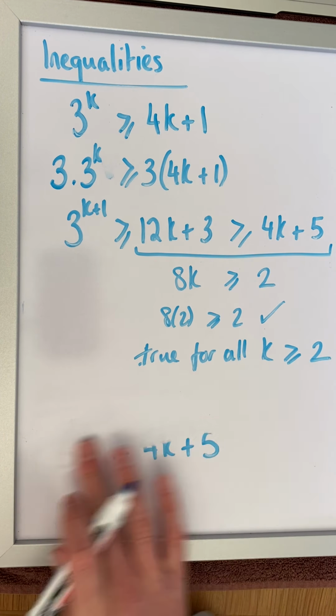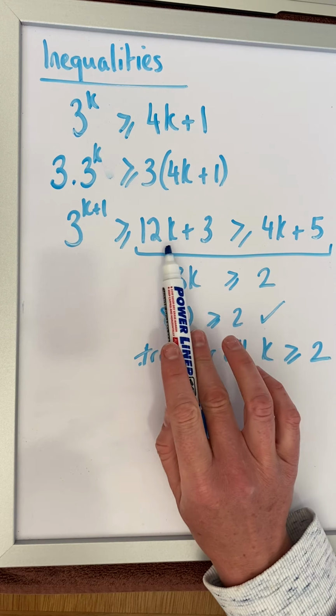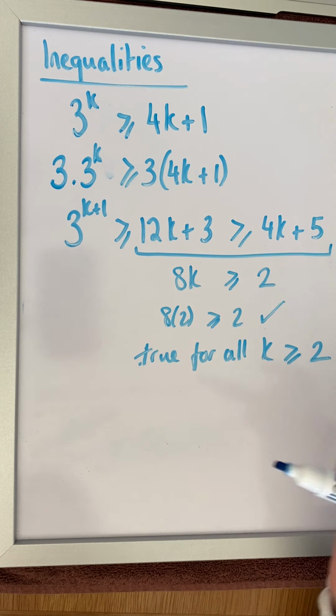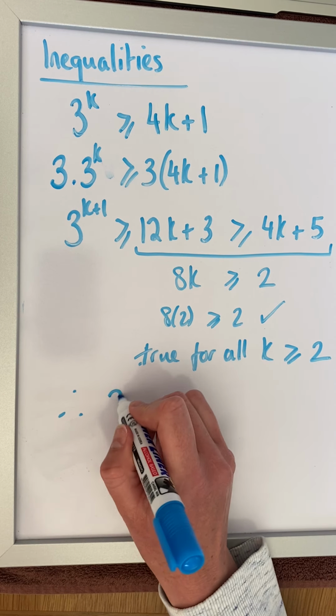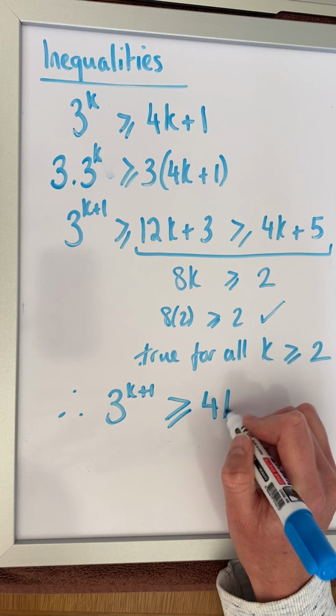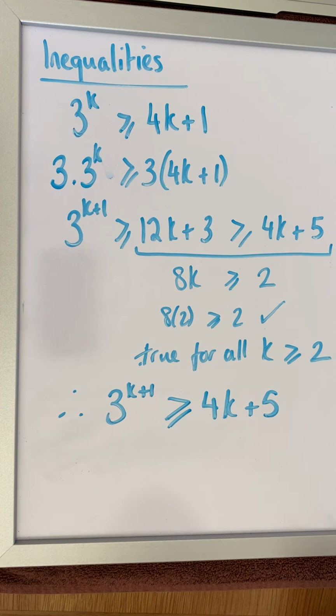So because we have proved that 3 to the power k plus 1 is greater than or equal to 12k plus 3, and 12k plus 3 is greater than or equal to 4k plus 5, that must mean that 3 to the power k plus 1 has to be greater than or equal to 4k plus 5, which is what we wanted to prove. And then we do our conclusion as normal.